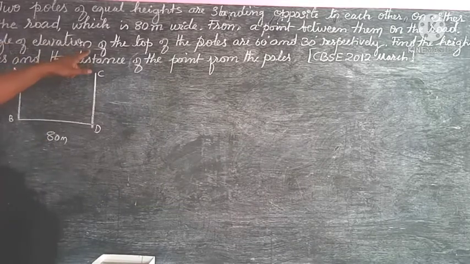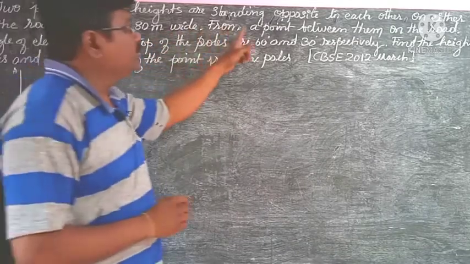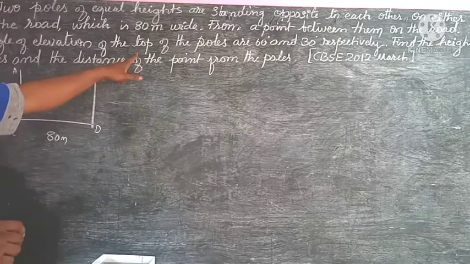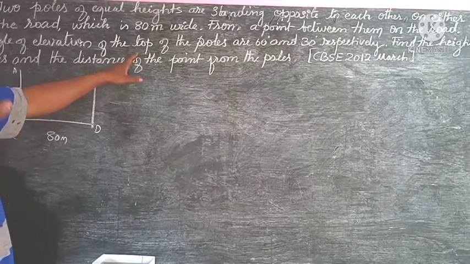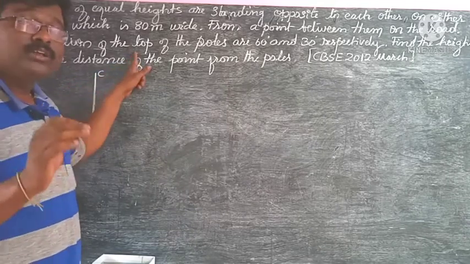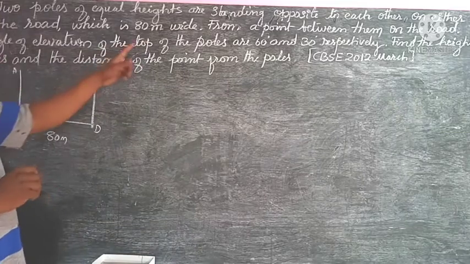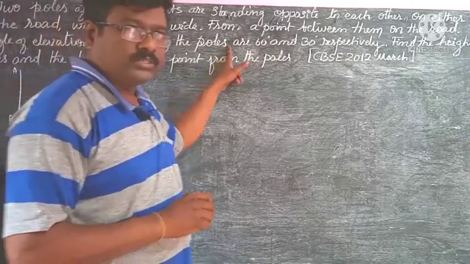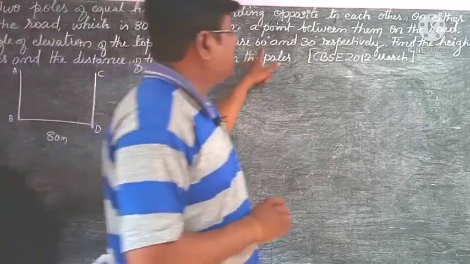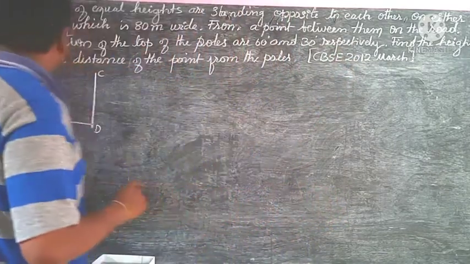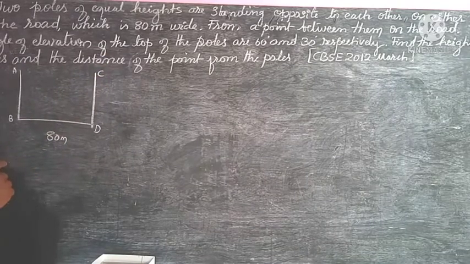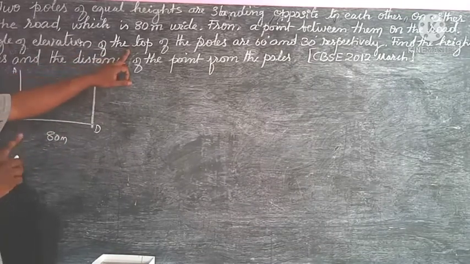The next point is: from a point on the road between them, the angle of elevation of the tops of the poles is 60 degrees and 30 degrees respectively. You know what is called the angle of elevation; in the previous section I explained the definition of angle of elevation as well as depression.